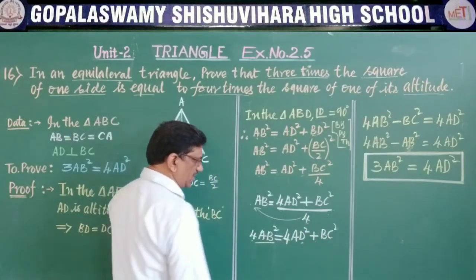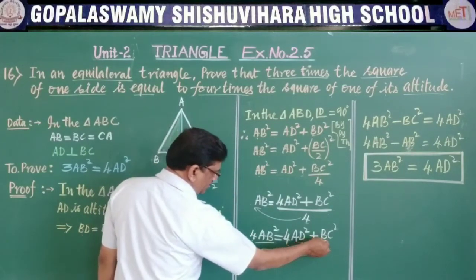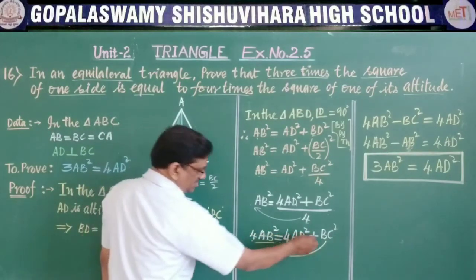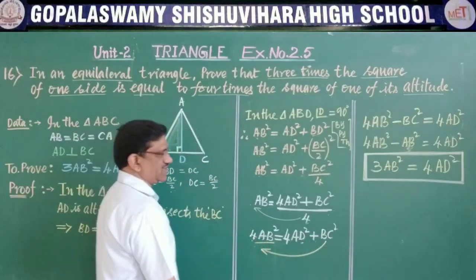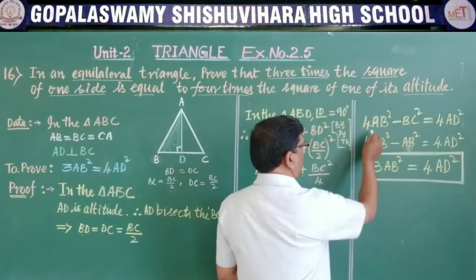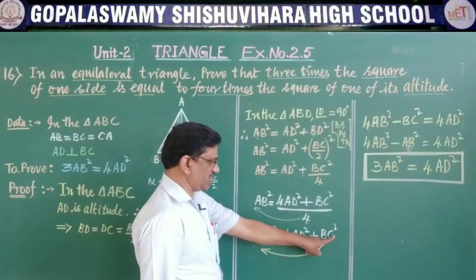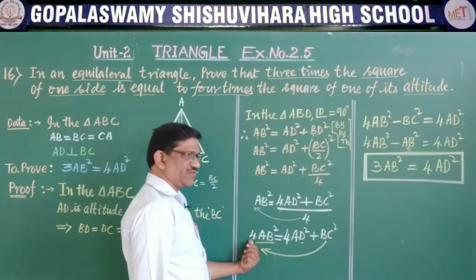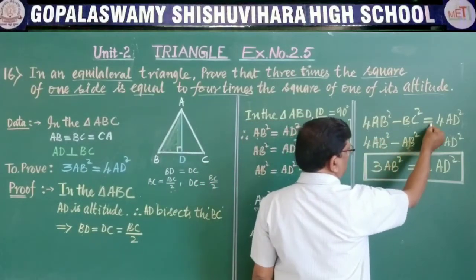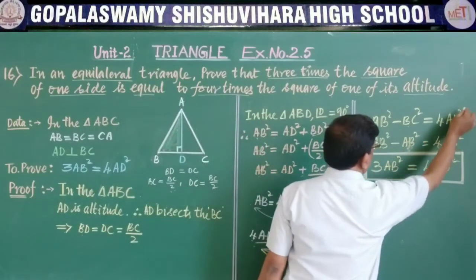Now in the next step, this BC square I will send to the left hand side of equals. So plus BC square becomes minus BC square. Then the terms in the left hand side become 4 AB square minus BC square is equal to, on the right hand side what remains, that is 4 AD square.